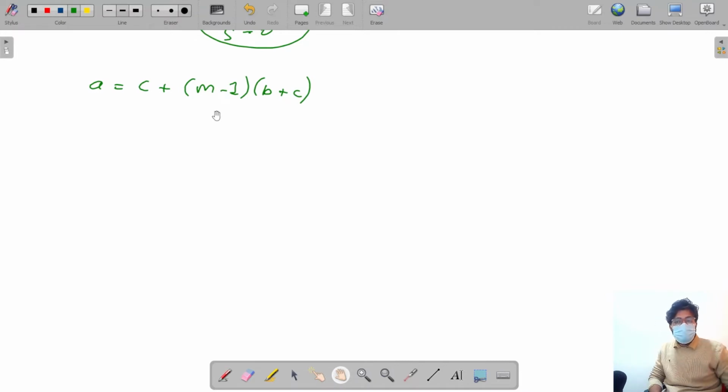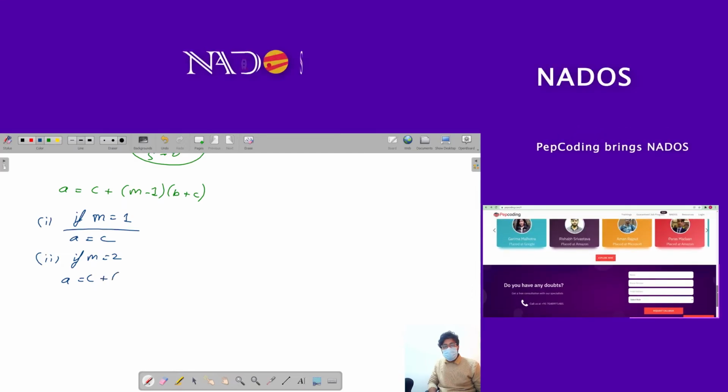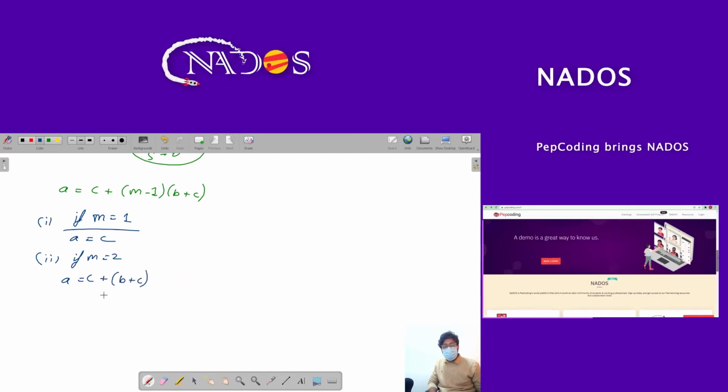So from here, there are some things which I can see. If I say M is equal to 1, what is the value of A? A is equal to C, because if M is equal to 1, this will be 0. Second point, if M is equal to 2, A is equal to C plus B plus C. Right?